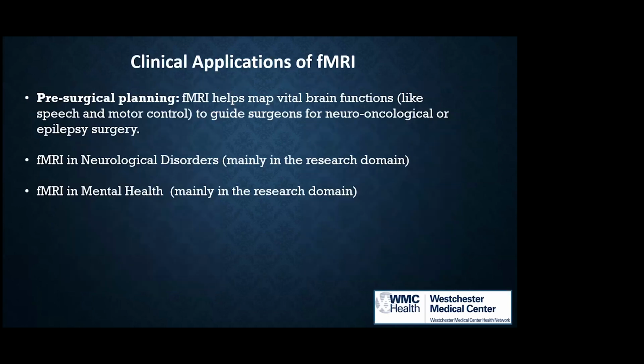Some of the main clinical applications of functional MRI that we use are, for the most part, pre-surgical planning, either for neuro-oncological cases or epilepsy surgery. As you're very well aware, there are applications for functional MRI with neurological disorders and mental health, but these really are predominantly in the research domain.